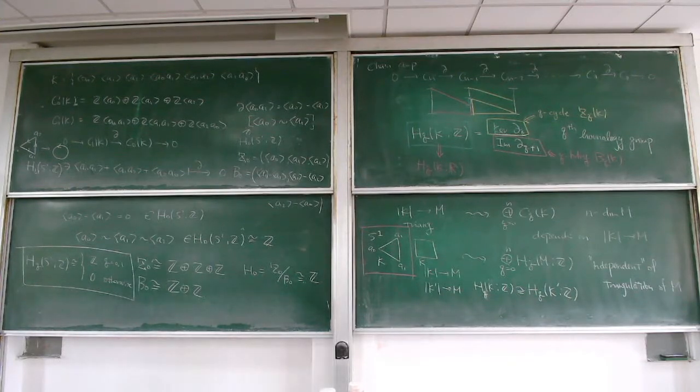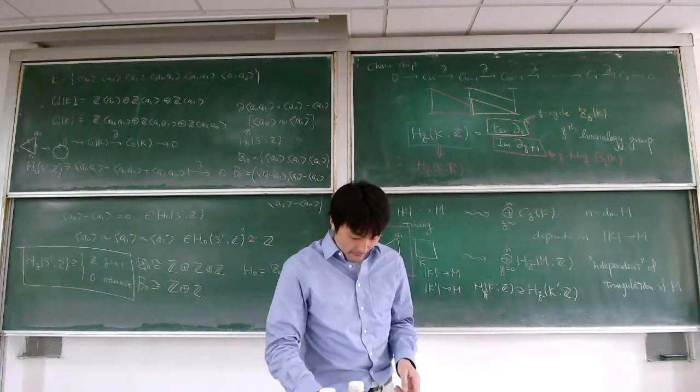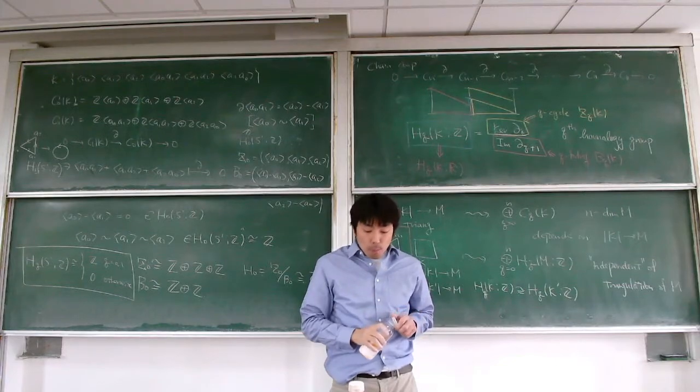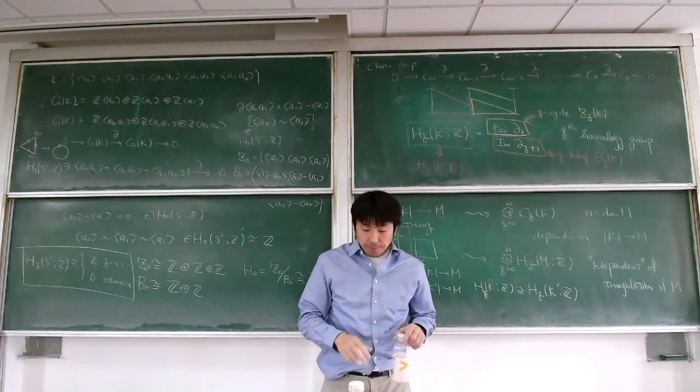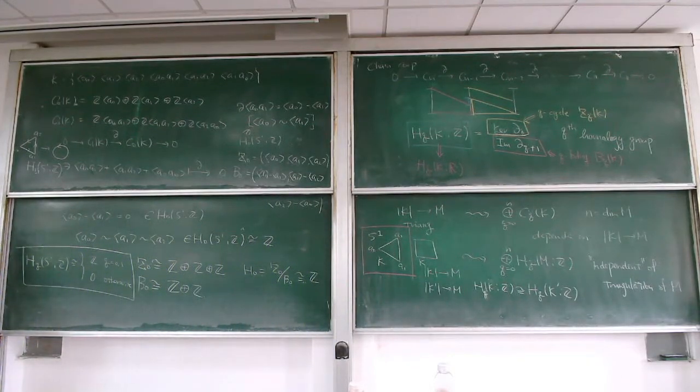And from this analysis, it's easy to see that the... so then what's this? D2 is just the disk.